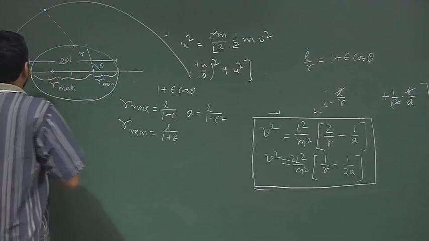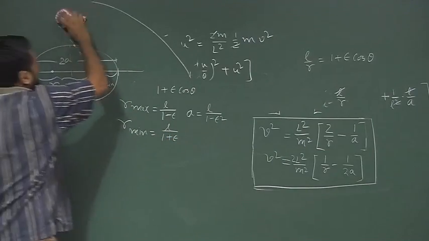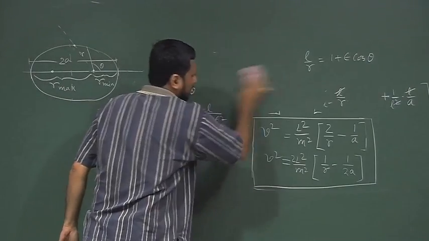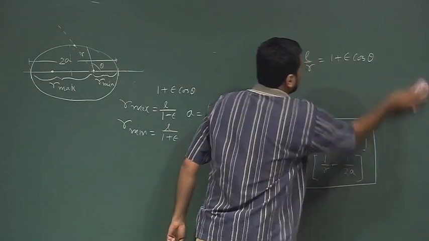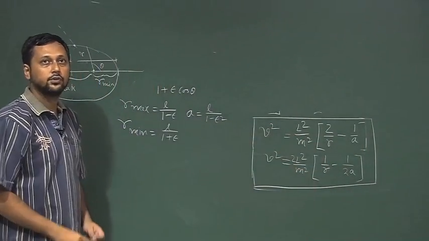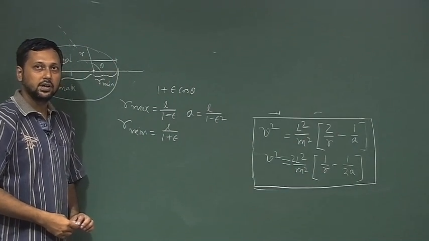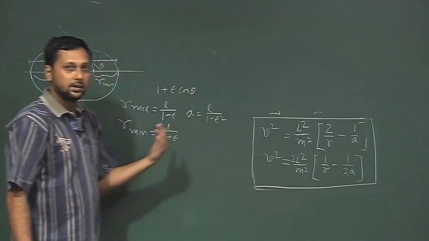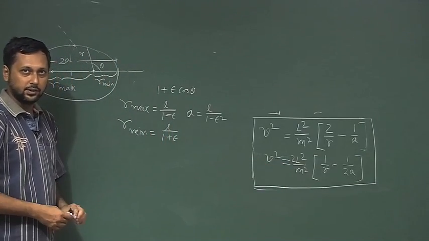Now, let us forget about this for a moment. We have derived the velocity expression for two types of orbit in an inverse square force field. One is the elliptical orbit, where the velocity is given by this relation, and one is the parabolic orbit, which we did previously.